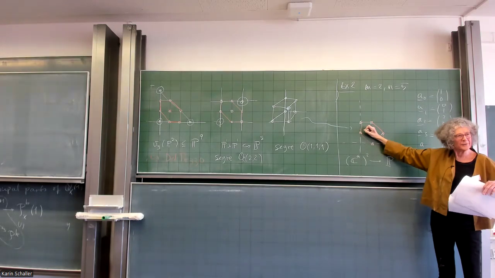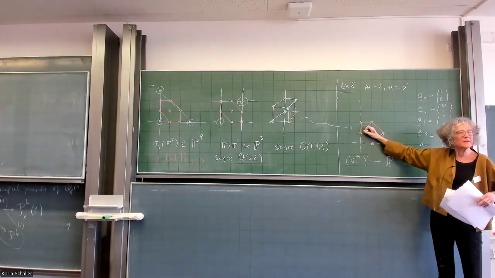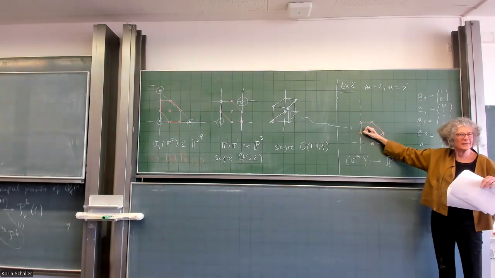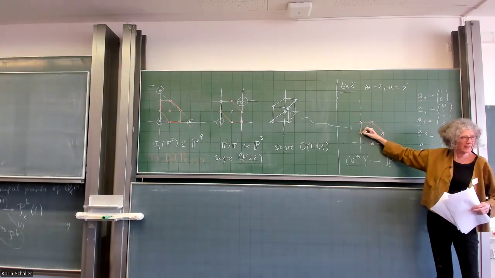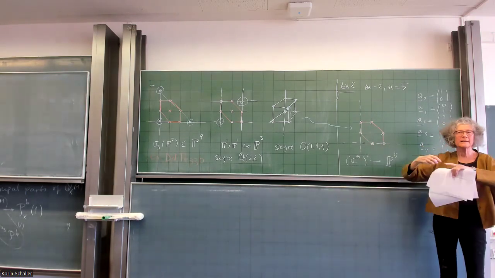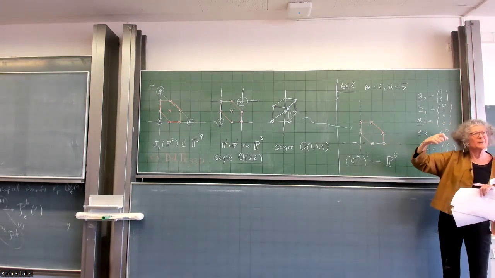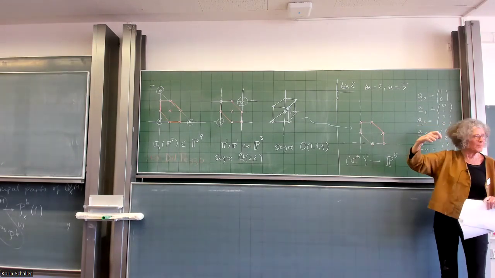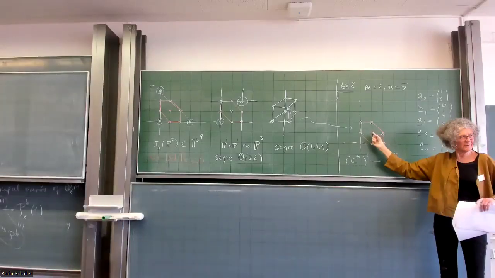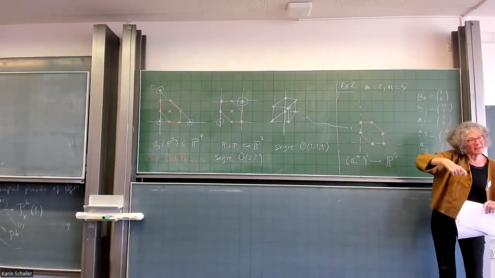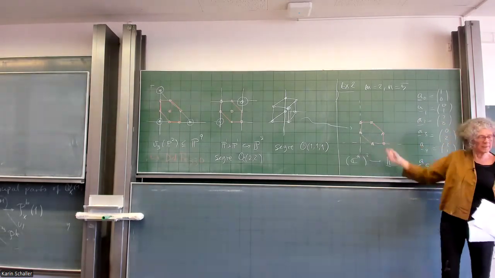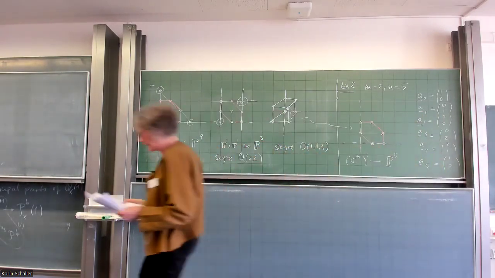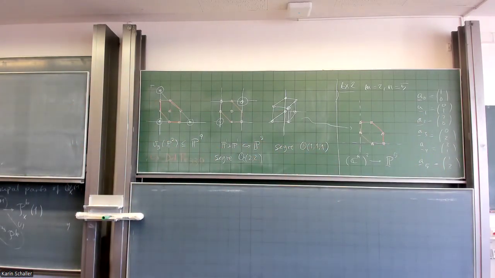And for the Togliatti surface, it lives in P5, and the expected dimension of second osculating spaces for a surface is 5, but for the Togliatti surface, it's only 4. And the reason is that if you look at the del Pezzo surface, the osculating spaces all go through the same point. And this is the point corresponding to this point. And when you project from that point, you lose 1 dimension for the osculating space. So all this you can compute, and it's a nice exercise. Okay, let's move on.